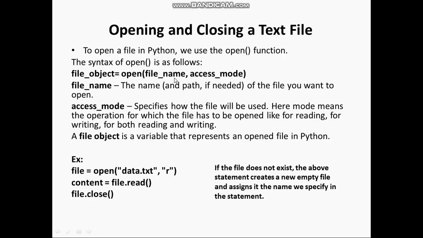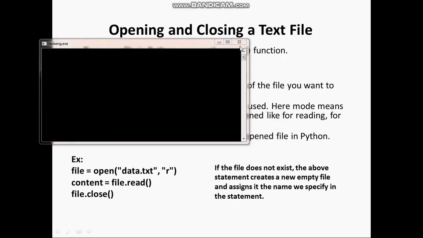Access mode specifies how the file will be used. Here the mode means the operation for which the file has to be opened. It may be for reading purpose, for writing purpose, or for both reading and writing purpose. And the file object is a variable that represents the file which is opened using this statement.